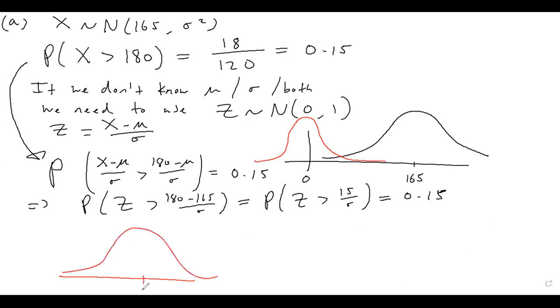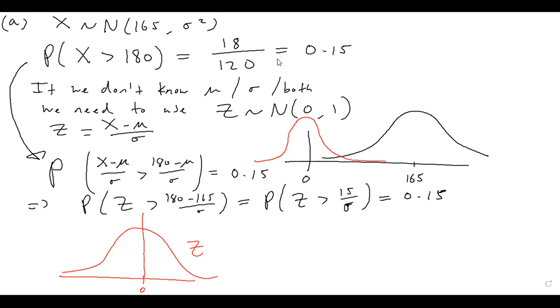Your mean in the middle is 0. This is the curve that represents our Z distribution with a mean of 0 in the middle. Now, we've got the probability that Z is bigger than 15/σ. Again, this is 15%, with a σ that we don't know yet.